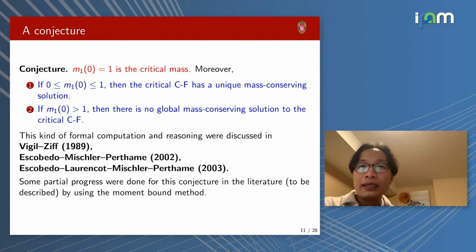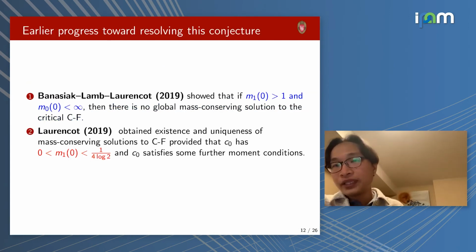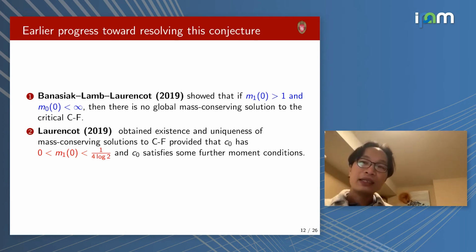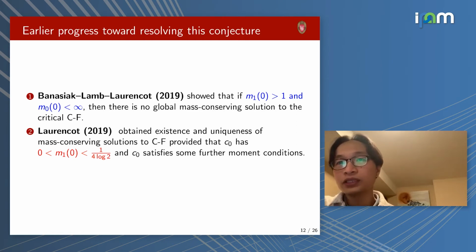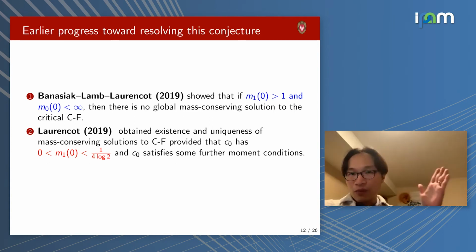And here are some works. In the case that the initial total mass is greater than 1, with some additional assumptions, for example that the zeroth moment is finite, Banasiak, Lamb, and Laurençot proved that there are no global mass conserving solutions. And then the range from 0 to 1 was open.